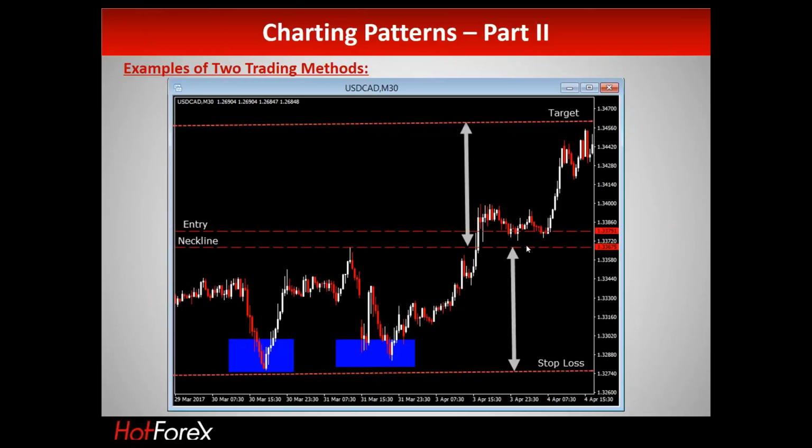So it became a support level. My resistance line, which is my neckline, was in this area over here. It became a good support level because the asset didn't manage to go back down again.